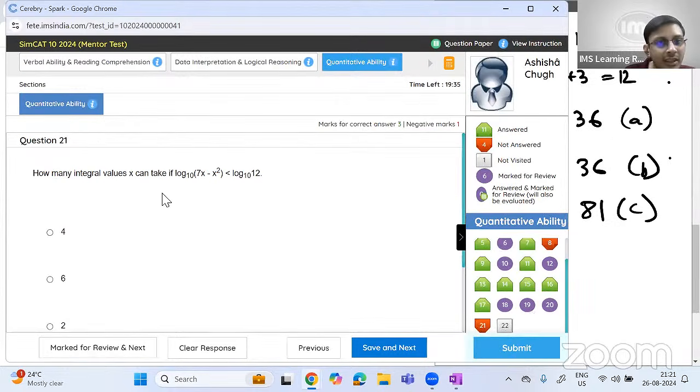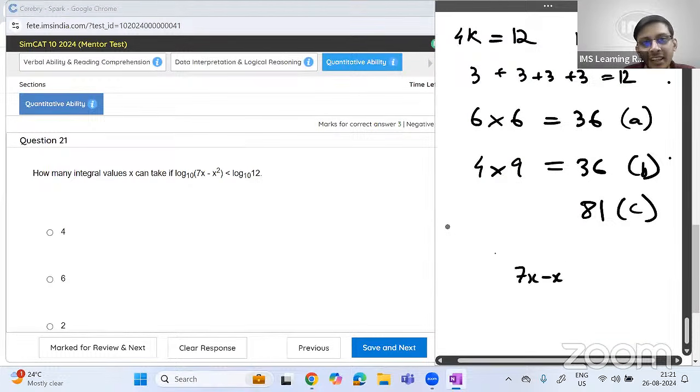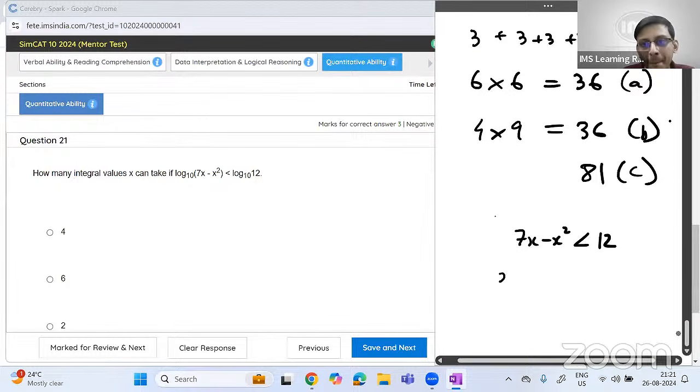If I look at the next one, how many integer values? Okay, so here I will get 7x minus x square less than 12. This seems simple. X square minus 7x plus 12 greater than 0. X minus 4 into x minus 3 greater than 0.